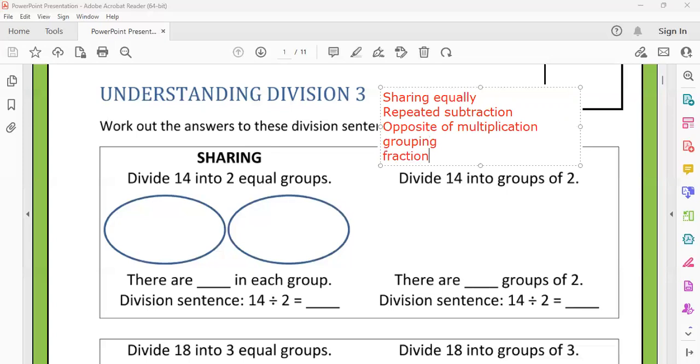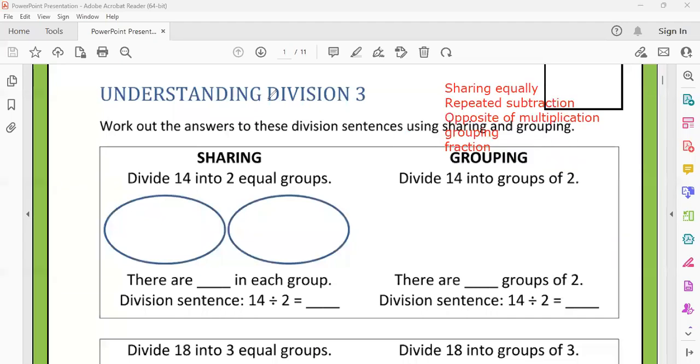So let's have a look at this module of yours. It starts with you needing to draw, to understand division as sharing equally. So divide 14 into two groups. Of course, you could do one by one, 1, 2, 3, 4, 5, 6, and so on until you complete all 14.